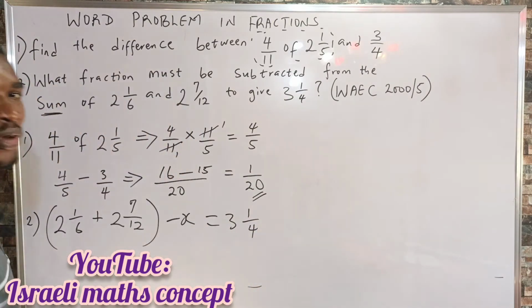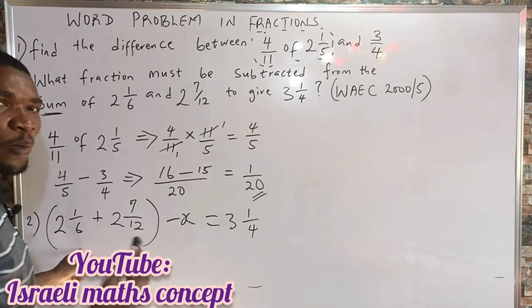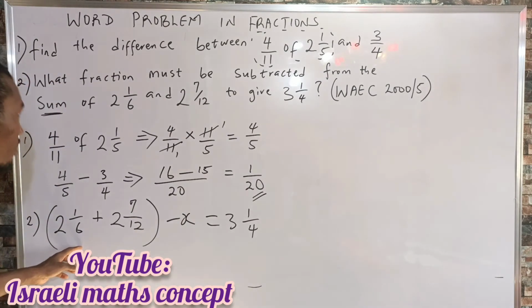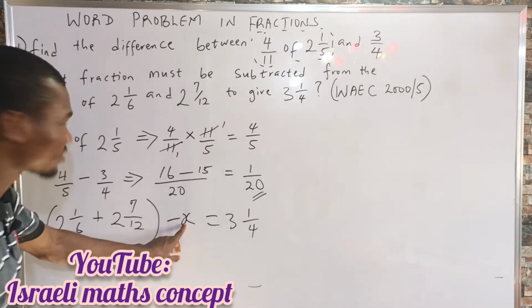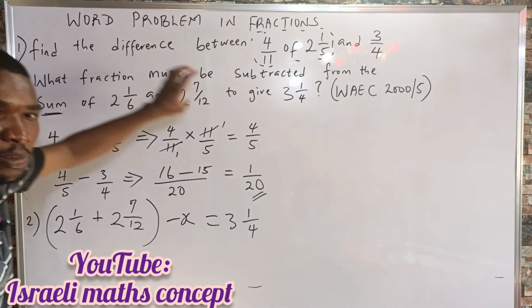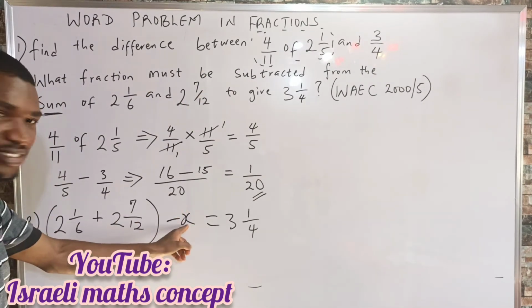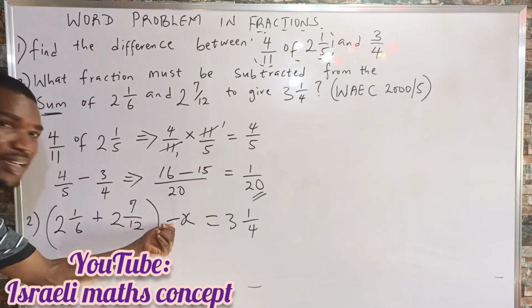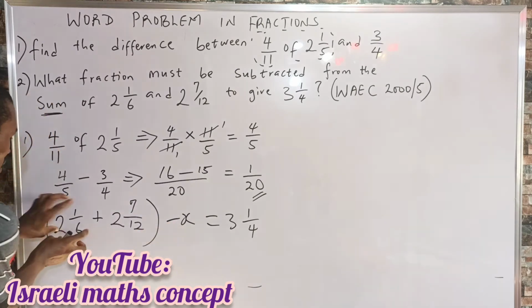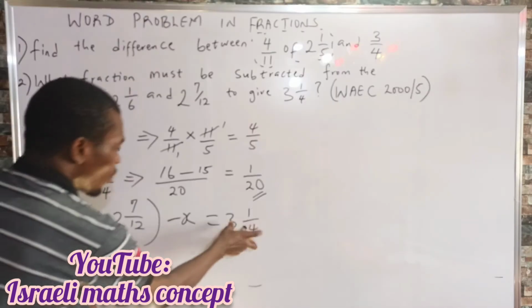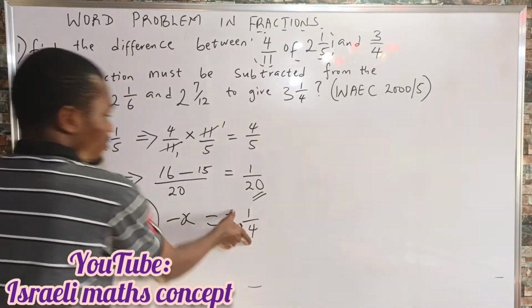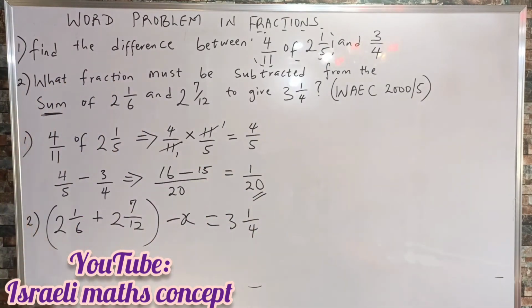This is basically what this question means. So remember what I did: I first said, let the fraction be x, because I don't know what fraction should be subtracted. So this x should be subtracted from the sum of this and this to give us this value. Very simple. Then let's solve further.